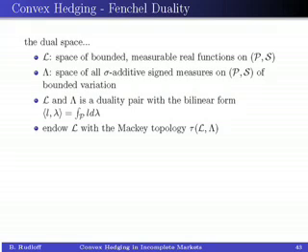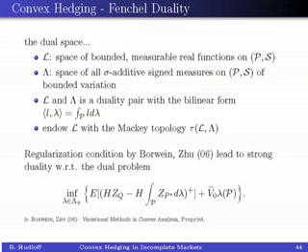So we want to have a dual space of sigma additive signed measures, and this is why we will endow the space L with a Mackey topology to get really the dual space of sigma additive measures. So this is something one has to take care of a little bit. And then also, this is a case where this regularization condition is too strong.